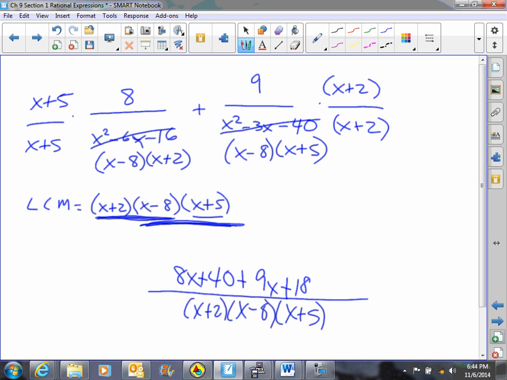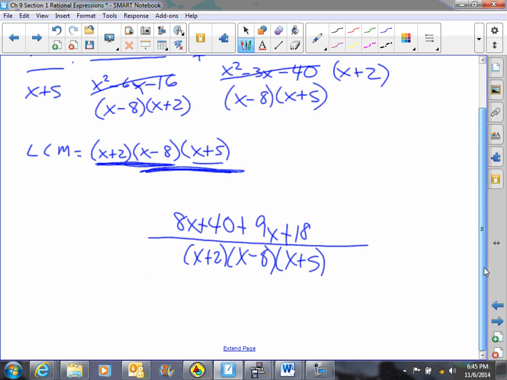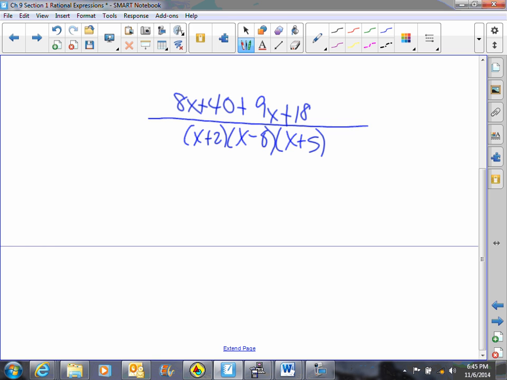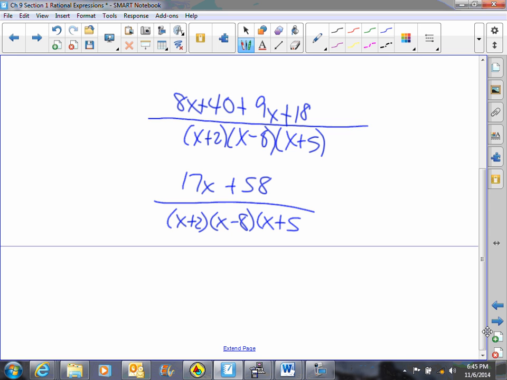Now when we add these together, we're going to get 17x, that's 8x plus 9x, plus 58, and that's all over x plus 2, x minus 8, x plus 5. Now there are no factors of the numerator, so there aren't any that would cancel with the denominator. So we're finished here.